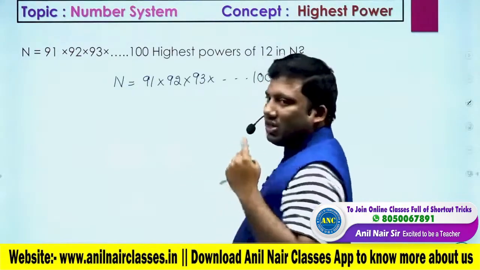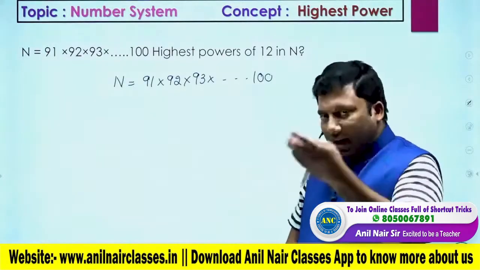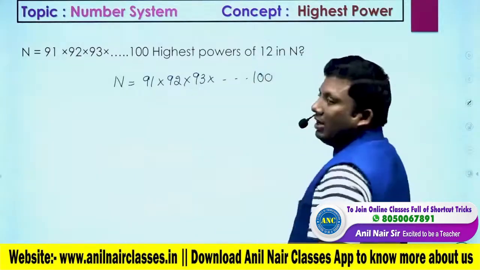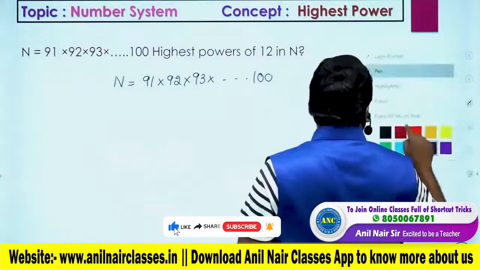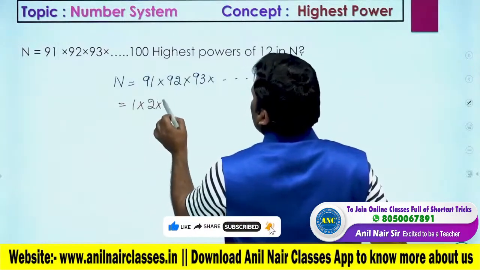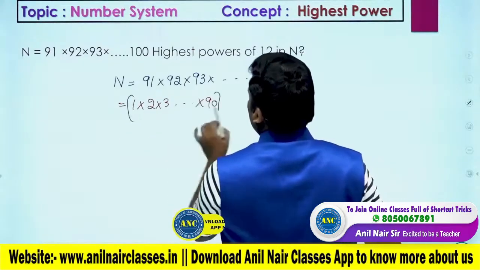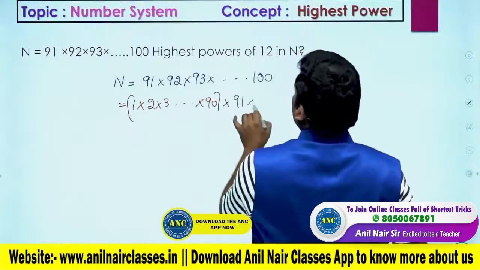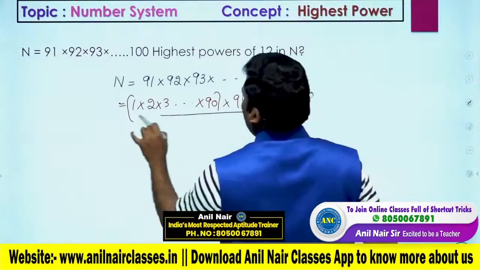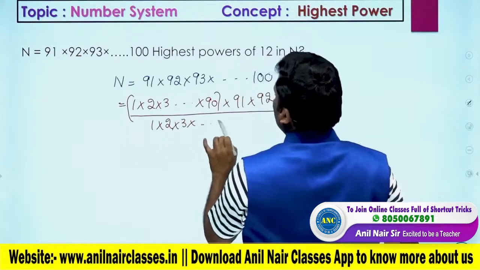I told you in session number 1, if the question is not in factorial format, try to make it into a factorial format. 91 to 100, product it is there. So I do numerator and denominator product till 90, 1, 2, 3 till 90 in the numerator and also in the denominator.